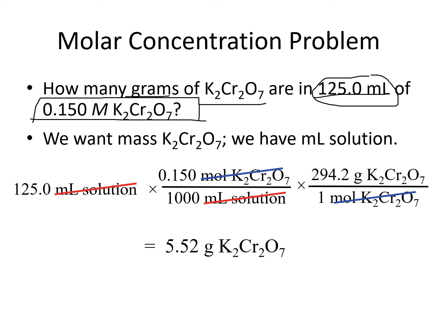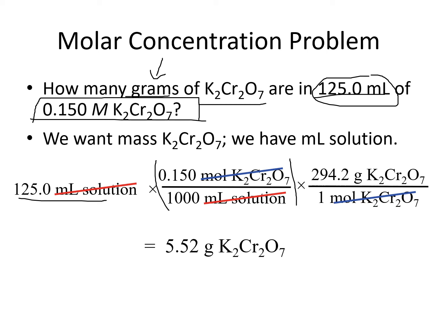So what we're doing is we're using the moles over 1,000 milliliters form of the conversion factor, because we're starting in milliliters. So we have 125.0 milliliters. We want to convert that into moles so we can convert it into grams, because that's what the question is asking.